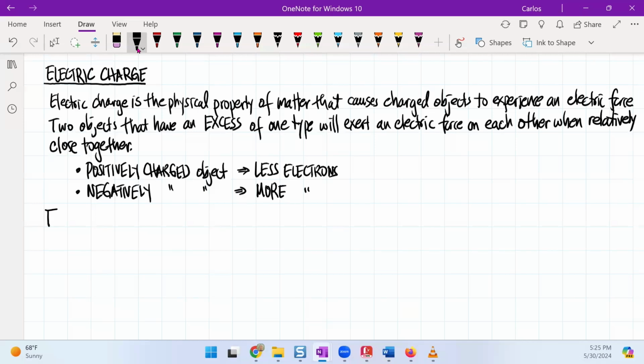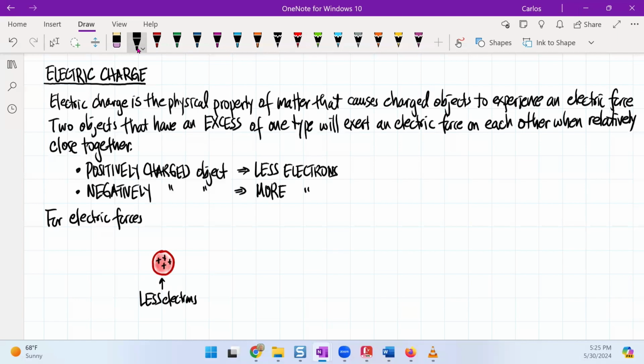So for electric forces to occur, if I have a positive charge, now remember what that means. What this means here is that there are fewer electrons, right? There are still electrons there.